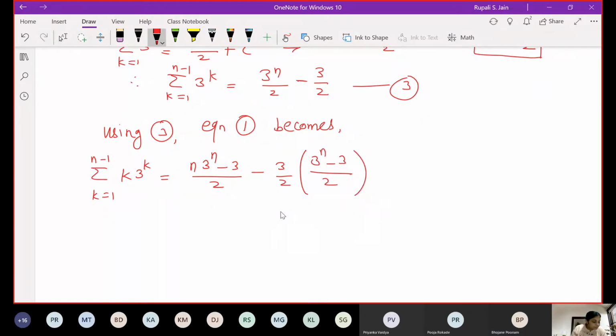Is that okay? Same thing I have written. So if I simplify, I will get 2n minus 3, 3 raised to n plus 3, divided by 4.